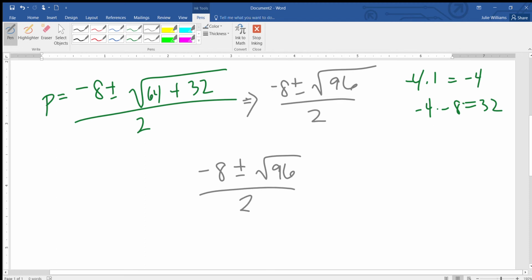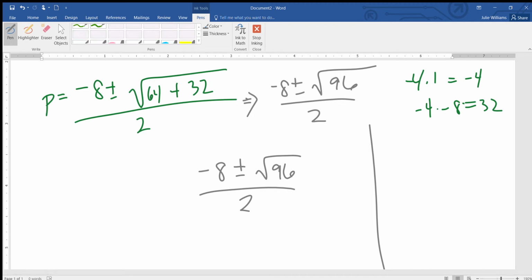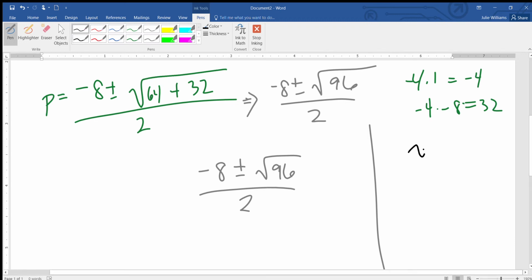Just like in lesson 2, this is lesson 3, I'm going to make another column over here. We need to look at the square root of 96. We need to figure out if there are any perfect square factors in 96. You can get out a calculator if you wanted to.